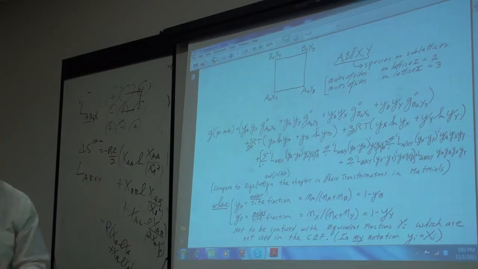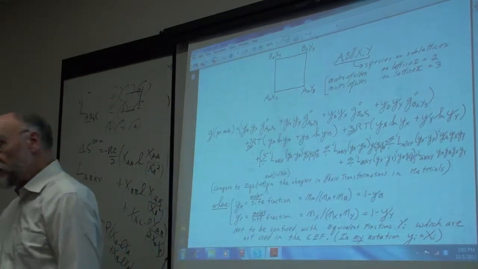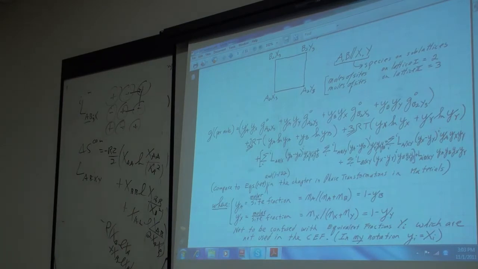And L should be negative because it's basically a short range order correction. Your first approximation for L should be delta G exchange squared over ZRT, but you can treat it as an adjustable parameter.